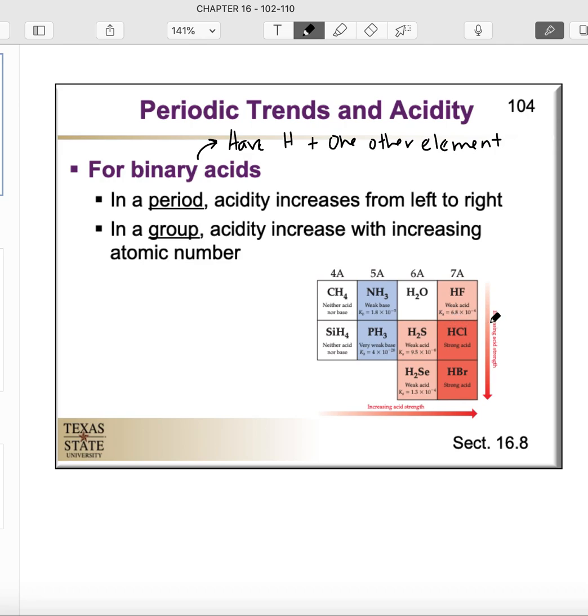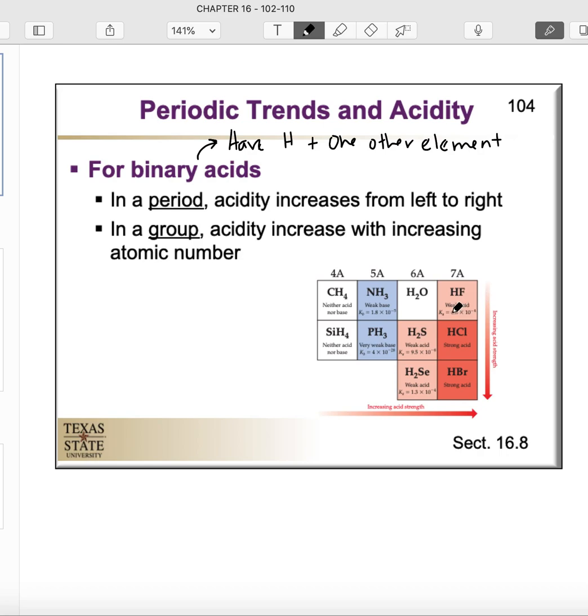Now, the trend in terms of the increasing strength of acidity is that within a period, which is a horizontal row of your periodic table, the acidity increases from the left to the right. And the reason for that is as we go to the right, that other element, meaning the fluorine or the oxygen, has a higher electronegativity, which means that it will be pulling the electrons to itself, leaving the hydrogen kind of loose.